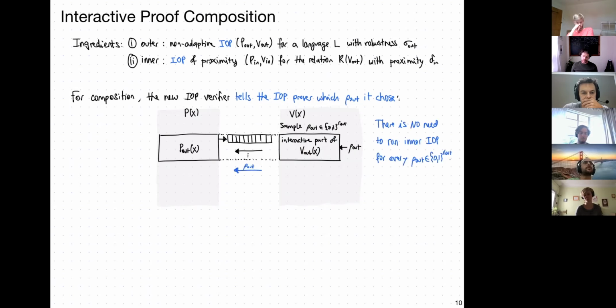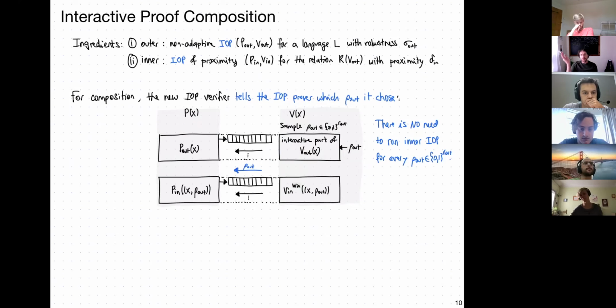And the point is that we no longer need to run the IOP. The prover doesn't have to send us the inner IOPP for each possible randomness. Why? Because the interaction of the outer protocol already completely terminated. And so at this point, the verifier could just say, well, here is what was once my secret randomness.